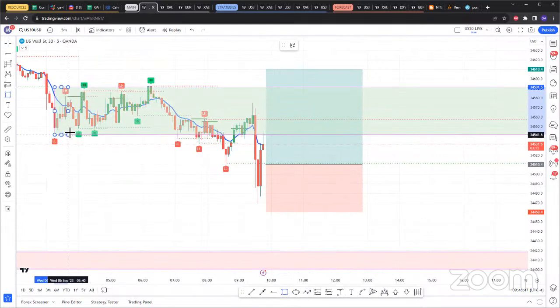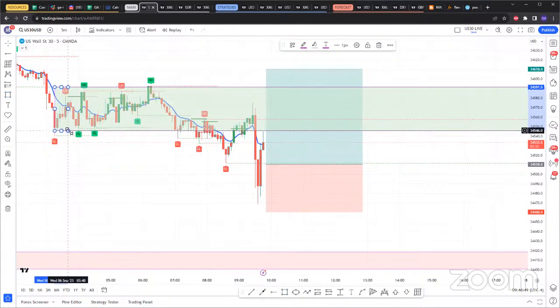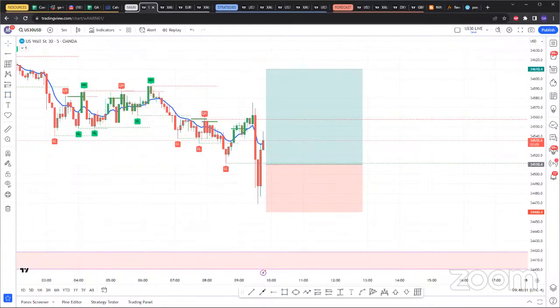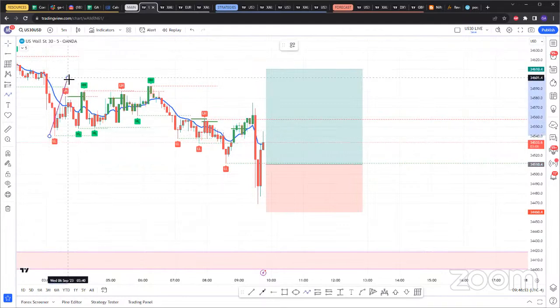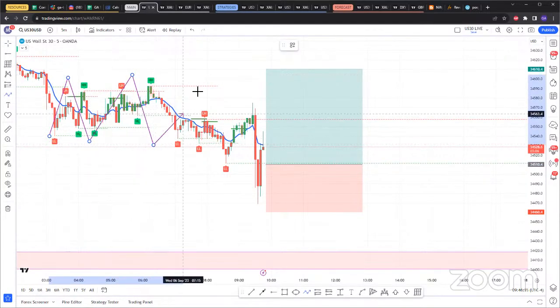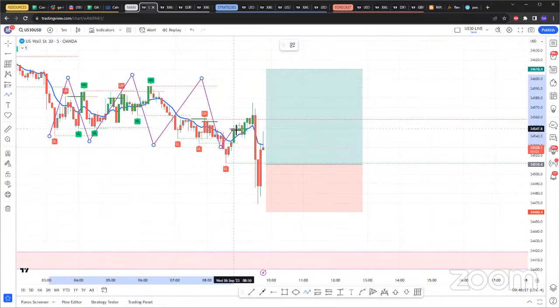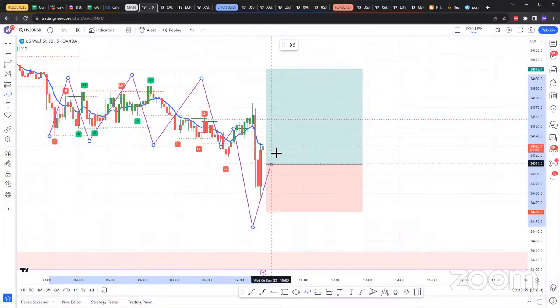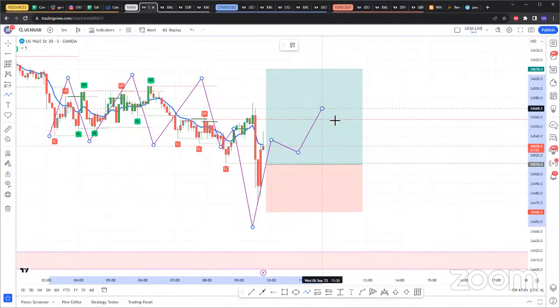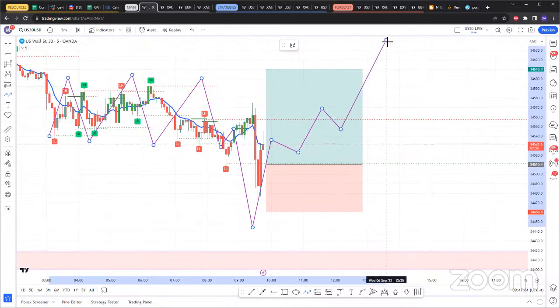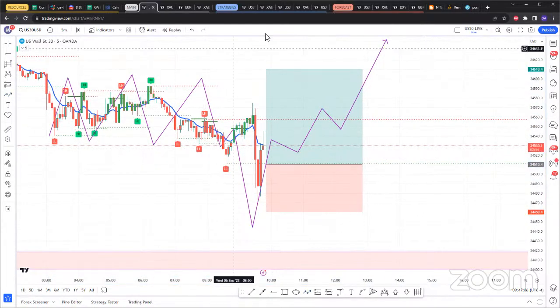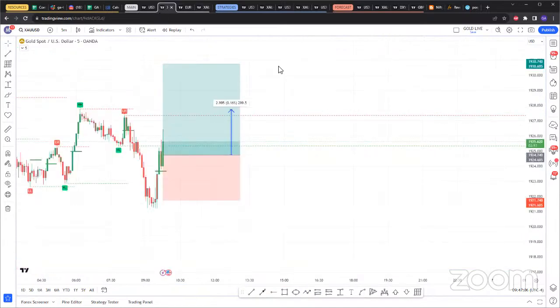Accumulation, manipulation, and distribution. So you have this accumulation right here. You have the manipulation down. And then you'll have this coming in there. Yeah, so my charts are even frozen. I'm looking at the pricing on my phone.